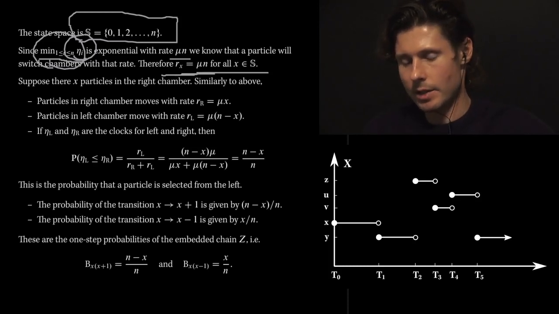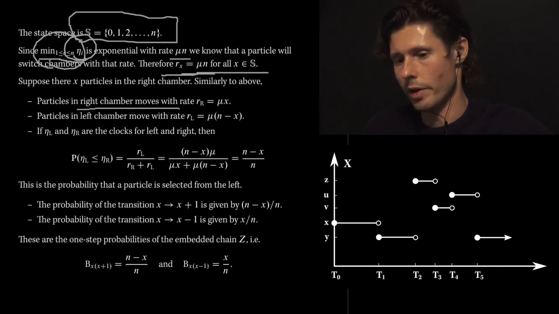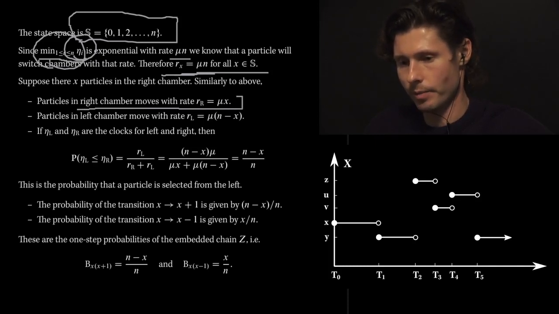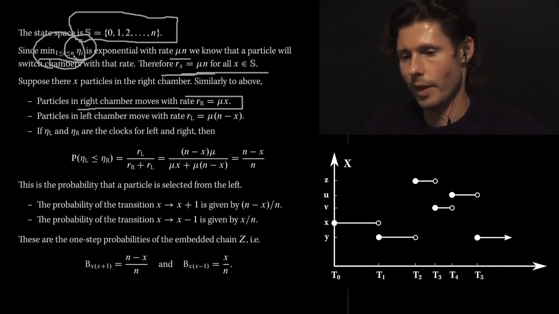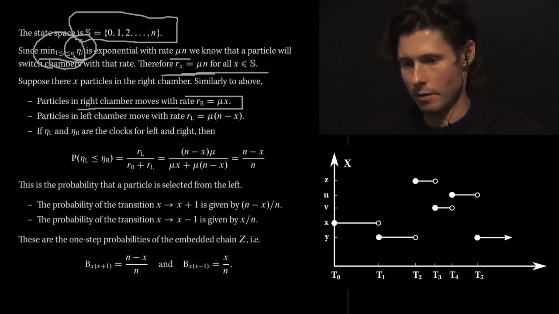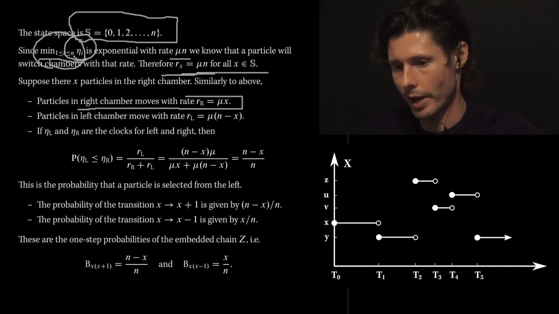You can extend this analogy a little bit further and ask, what's the chance that it's a particle on the right that's going to win? How many of them are there? There are x of them. So we're looking at the minimum of x random variables. Each one of them has rate mu, and therefore the rate of events happening on the right, so particles being selected on the right, is equal to mu x.